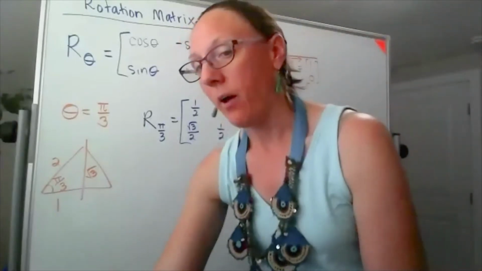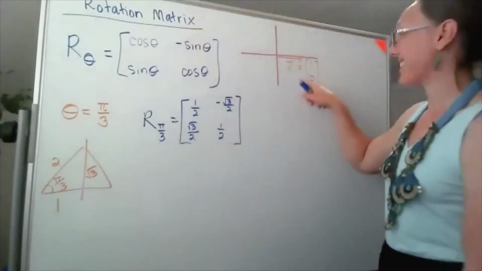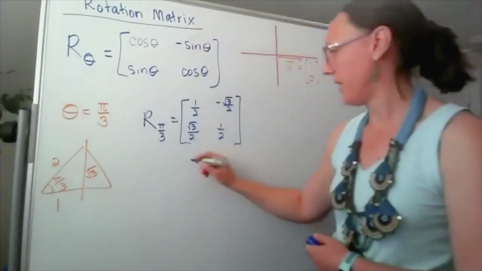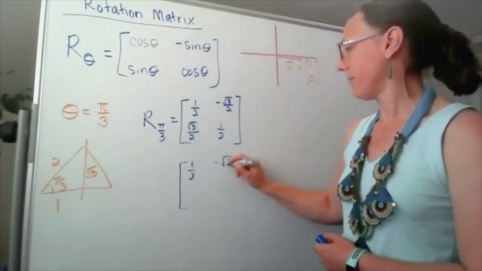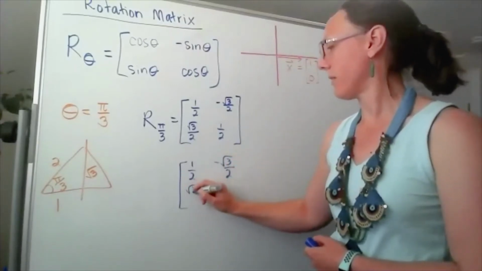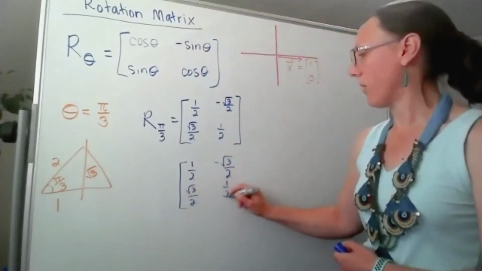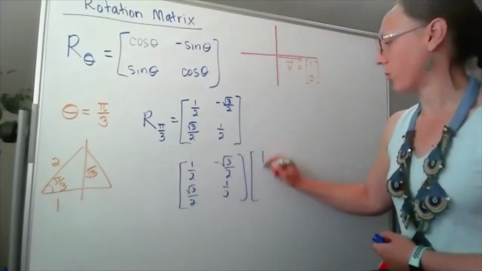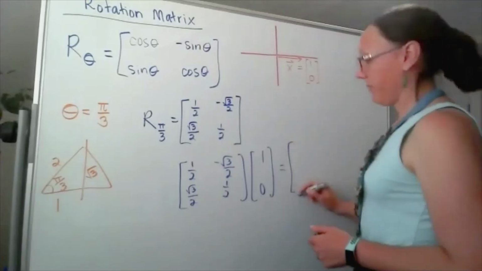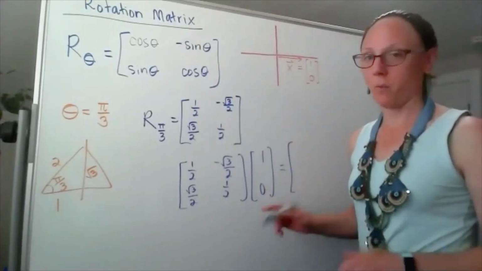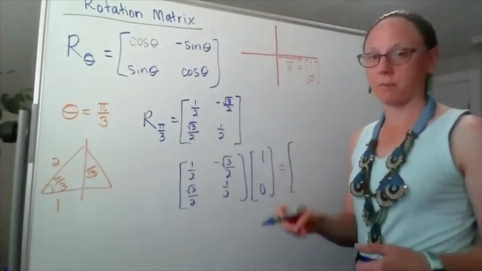If I look at what our rotation matrix does to this vector, that means I'm taking our rotation matrix and multiplying it by that vector 1, 0. I've got a 2 by 2 times a 2 by 1. We've already worked out that those dimensions work.